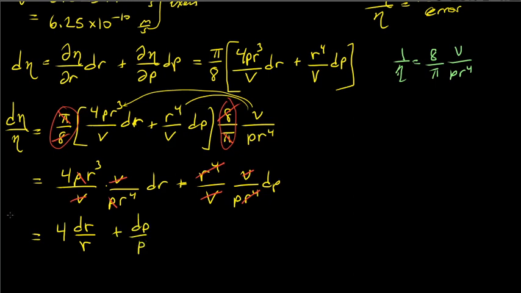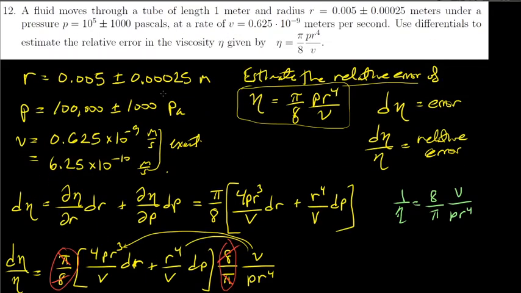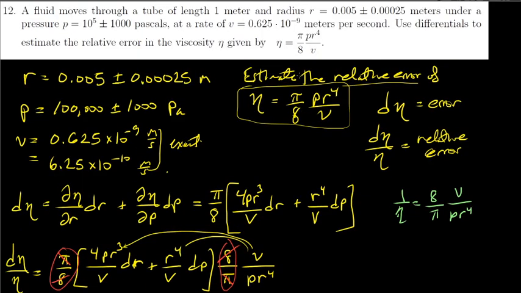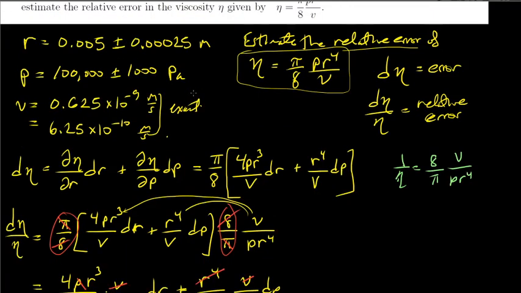Okay, so this is the relative error in eta, in its most simplified form. And again, we didn't have to do this, but I think that might make things a little bit easier if we have this version. The error dr here, we never mentioned that. This is just dr, and this is your dp.